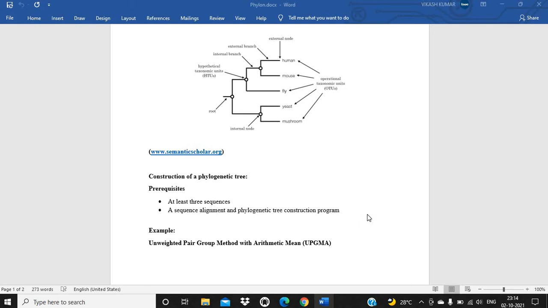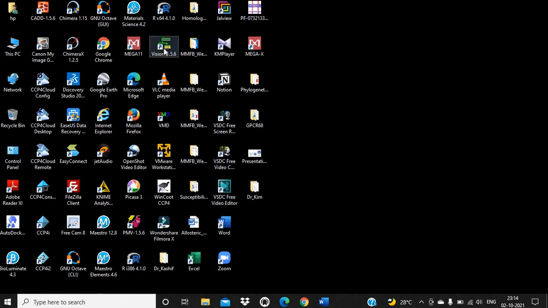Here I'm going to describe a simple method to construct a phylogenetic tree, and that method is the unweighted pair group method with arithmetic mean, that is UPGMA. I'm going to use MEGA here. MEGA is software for molecular evolution and genetic analysis.